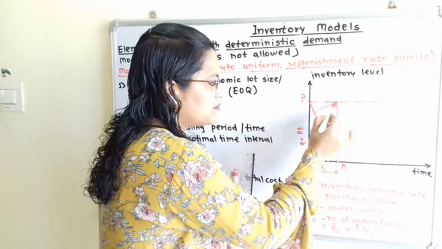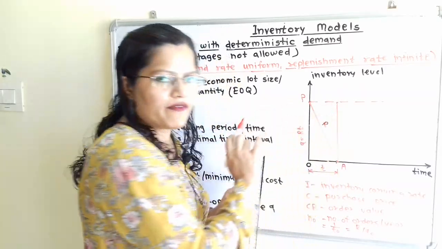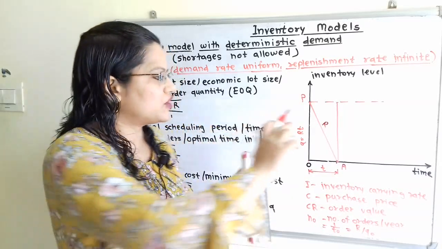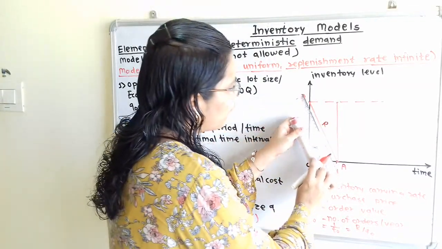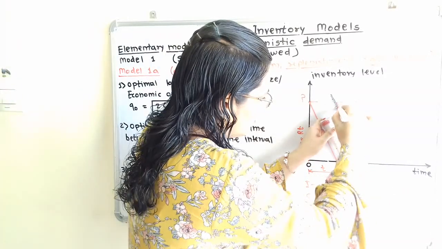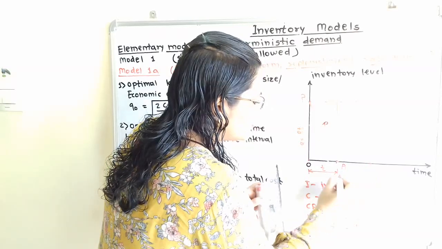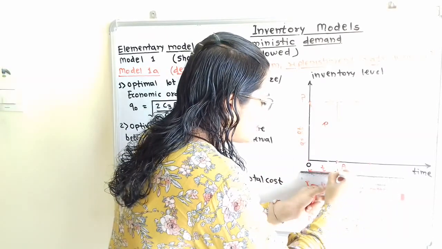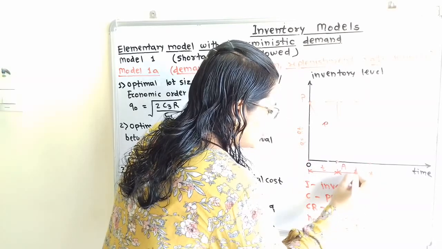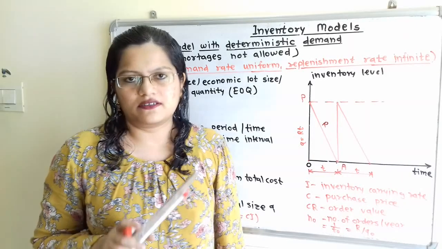Now the same rate of inventory consumption R follows the same slope, and up to this point there is again the same time period T. In the same way we can draw the next pattern.